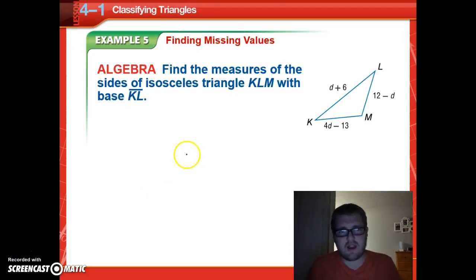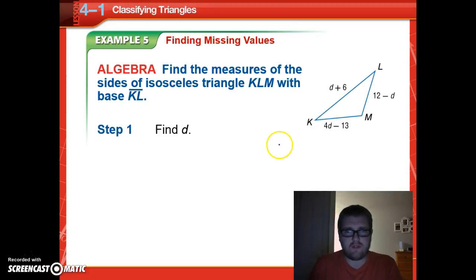Go ahead and test your knowledge and reasoning skills on this one. And now we're going to look at this one involving algebra. We have sides labeled d plus 6, 4d minus 13, and 12 minus d. We want to find the measures of the sides of the isosceles triangle KLM with the base KL.